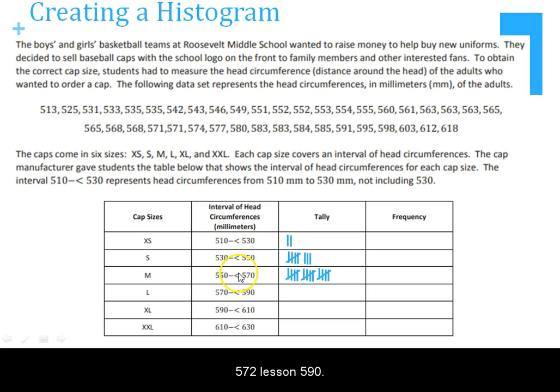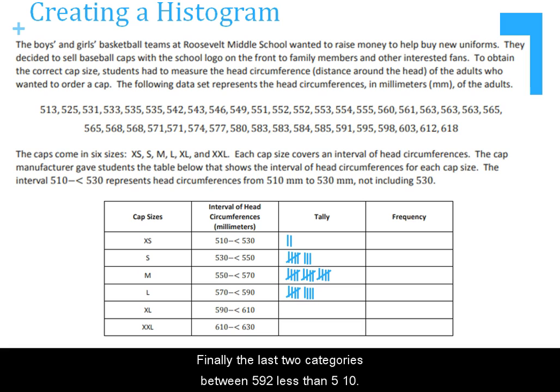From 570 to less than 590, 1, 2, 3, 4, 5, 6, 7, 8, 9 values. And finally, the last two categories, between 590 to less than 610, 1, 2, 3, 4, leaving our last two in our extra large, 610 to less than 630.